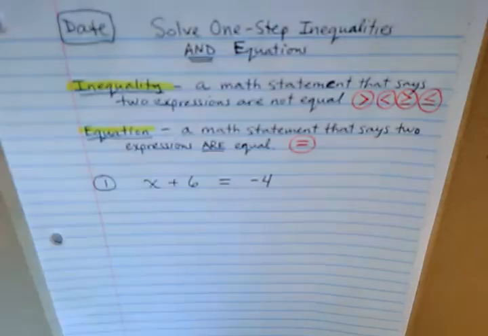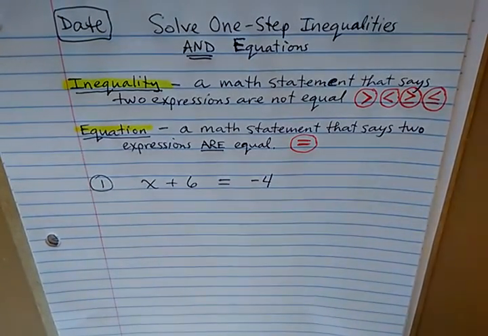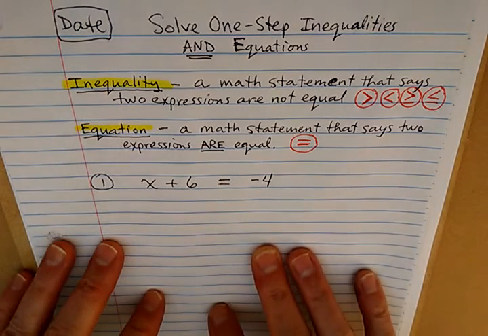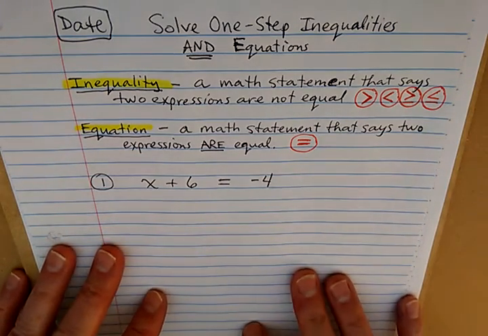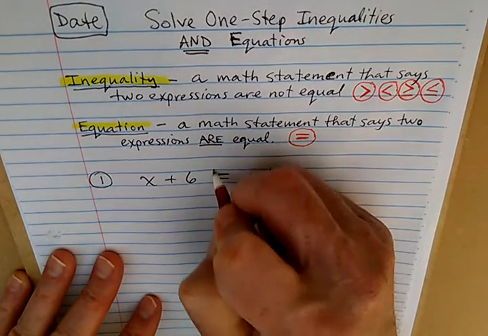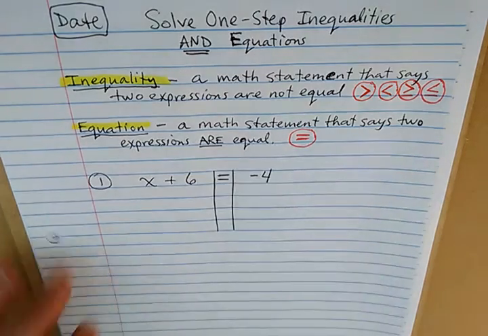All right, something I have not shown you yet, and I like to have my students do this when they're solving equations and inequalities. I like to have my students draw something that I call the train tracks. Right where the equal sign is, we're going to draw two vertical lines that might look like train tracks.